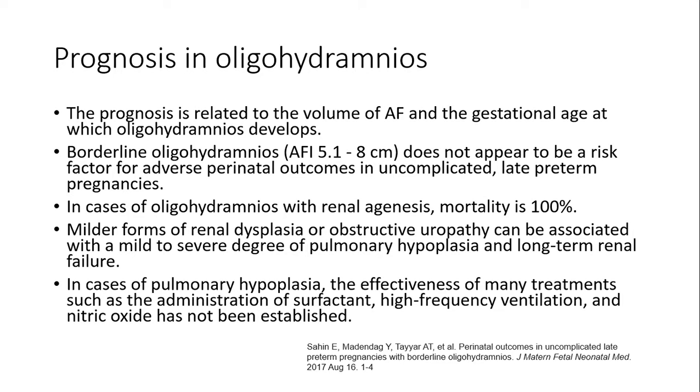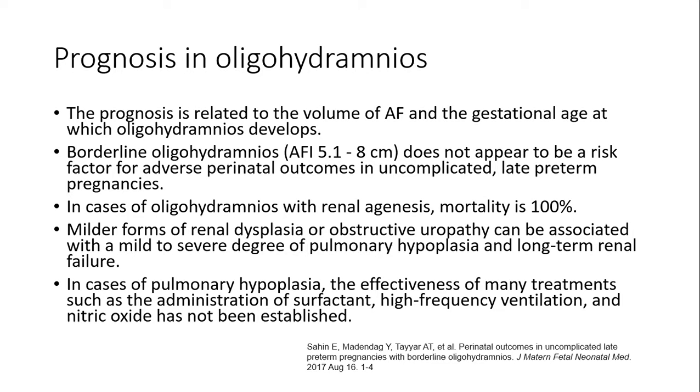In case of oligohydramnios with renal agenesis, mortality of the baby is almost 100%. Milder forms of renal dysplasia or obstructive uropathy can be associated with a mild to severe degree of pulmonary hypoplasia and long-term renal failure.